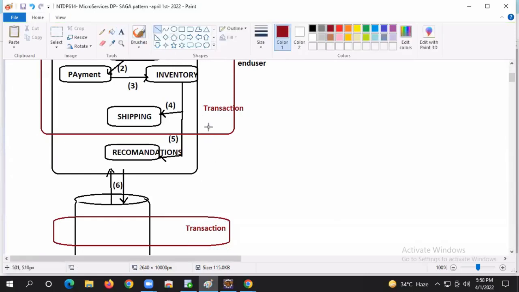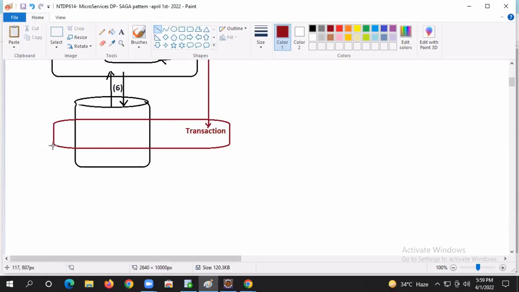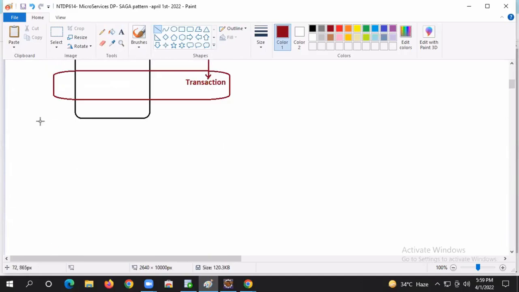In monolithic, transaction management is always easy. If everything happens, commit the data. If something fails, roll back the data. I hope you understood my point, guys. Do everything or nothing principle. What's the final conclusion? Transaction management is very easy in monolithic architecture.